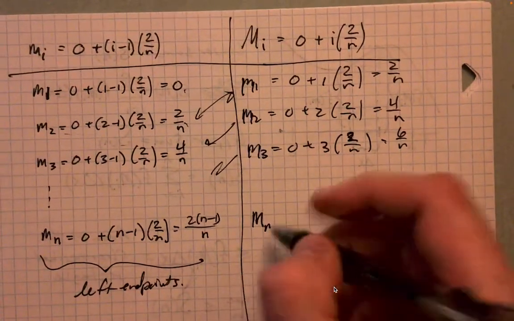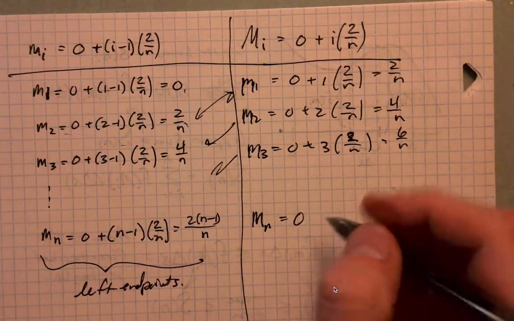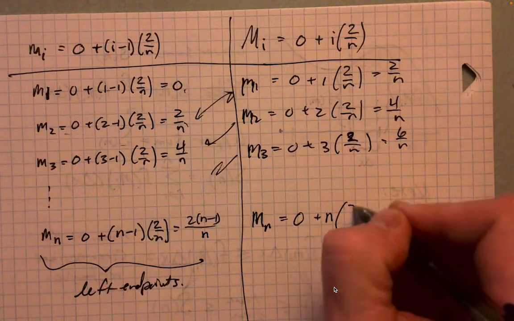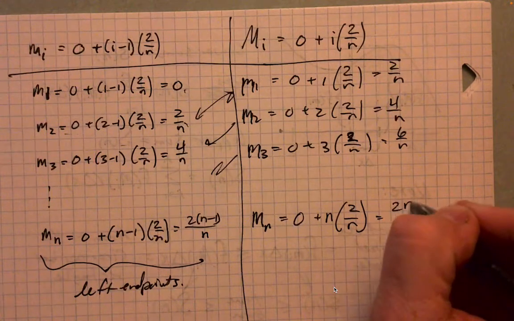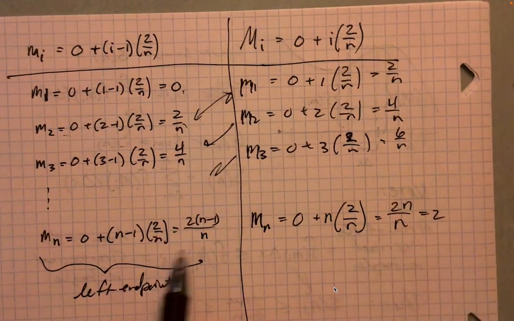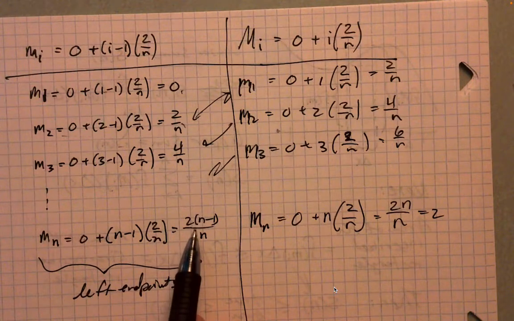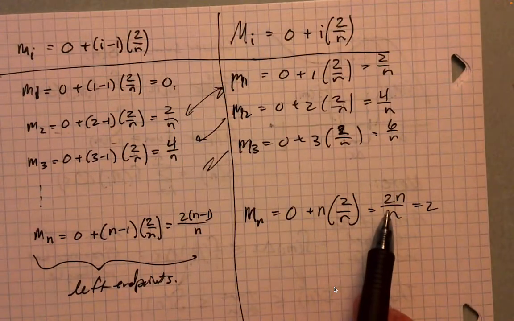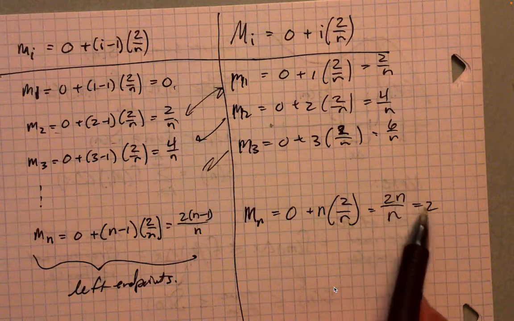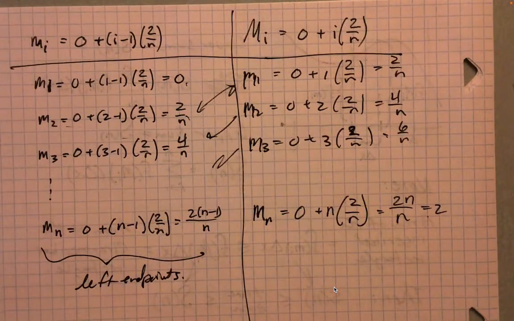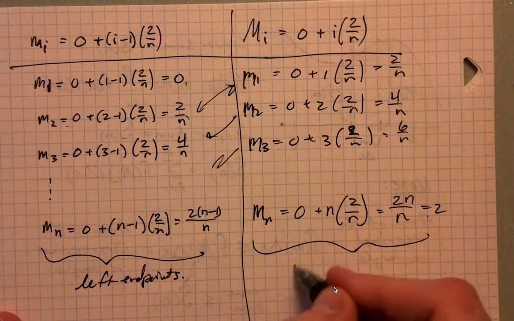Big M_n is 0 plus n times 2 over n, which is 2n over n, which is 2. So this one would be the beginning of the last interval, and then this would be the ending of the last interval, and of course that should equal 2. That's the upper bound, right? Okay, perfect. So these are the right endpoints.